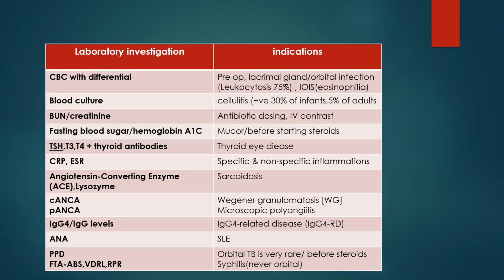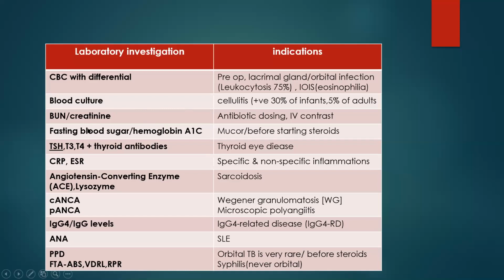For example, if we have a classic presentation of orbital cellulitis, a patient presented with 1 or 2 days of painful proptosis with fever, and you have the classic signs and examination of straightforward orbital cellulitis, you don't need all of these. You can limit your orders to CBC with differential and blood culture, and that's enough.